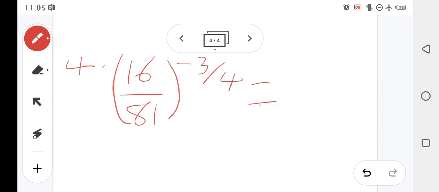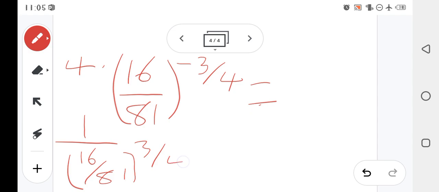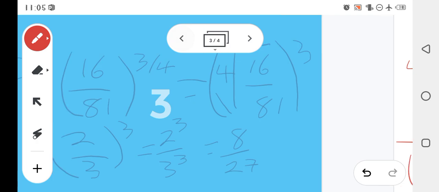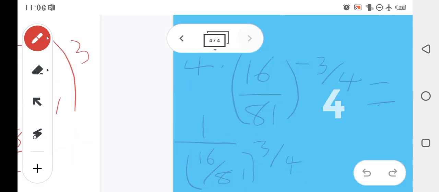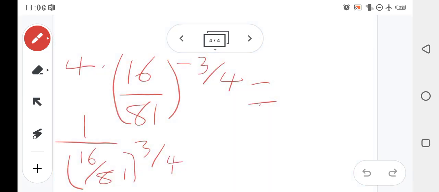Remember, this becomes 1 over 16 over 81 raised to the power of 3 over 4. From example 3, remember we have solved 16 over 81, everything raised to the power of 3 over 4, which gives us 8 over 27. So from here, it's going to be 1 over 8 over 27.